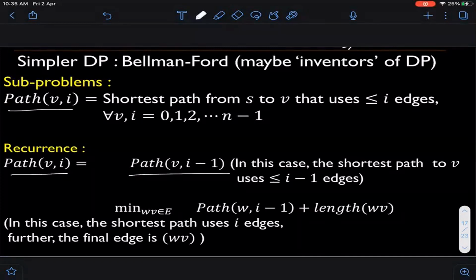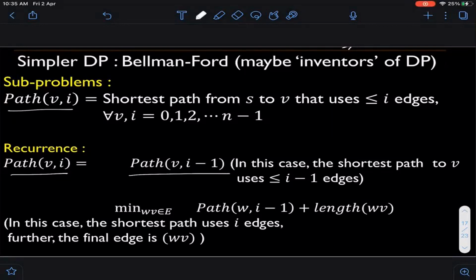Remember this "at most" is important here. There is another way to define this, by defining path(v, i) as the shortest path from S to V that uses exactly i number of edges. That's also a valid subproblem definition, and you can write recurrences, but there are some technical conveniences for which we define it like this. Also in the book it's written like that, so I decided to stick to this.